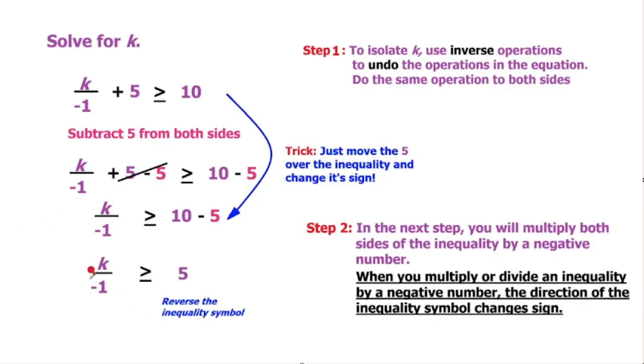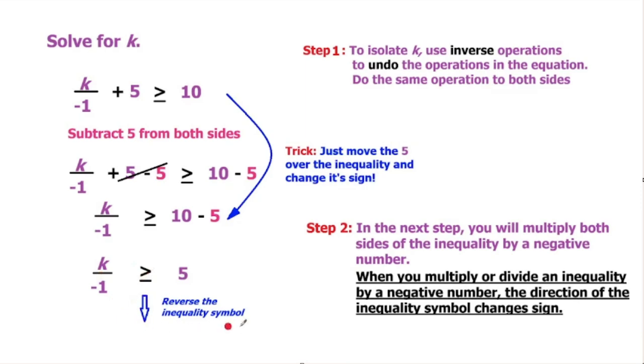So here we have k over negative 1 greater than or equal to 5. So what we have to do here is multiply both sides of this inequality by negative 1. But because it's an inequality and we're multiplying by a negative, the inequality changes sign.